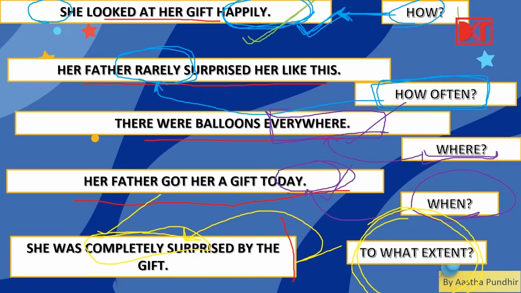How was the girl looking at the gift? Happily. How often did her father surprise her like this? He rarely surprised her like this. And where were the balloons? They were everywhere. When did the father get her a gift? Today. And to what extent was she surprised? She was completely surprised. Okay, so these are the 5 examples of adverbs.